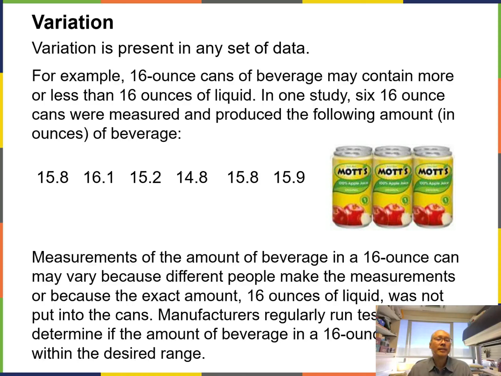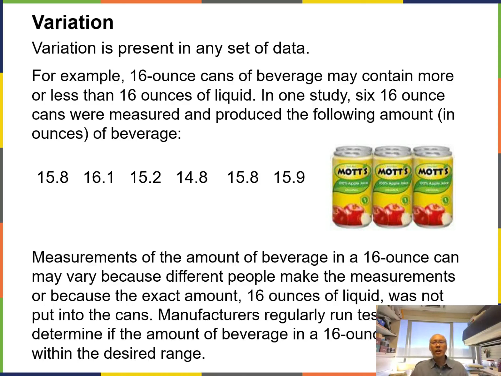It says here that the measured amounts of beverage in a 16-ounce can vary because different people make the measurements, and exactly 16 ounces of liquid was not put into the cans. Manufacturers usually run tests to figure out how accurately they fall within the 16 ounces.